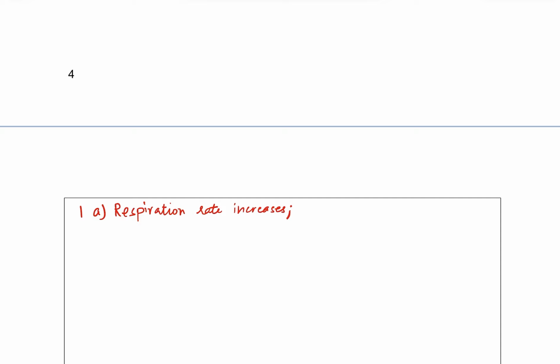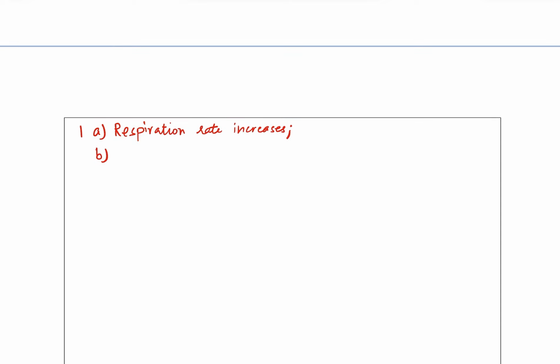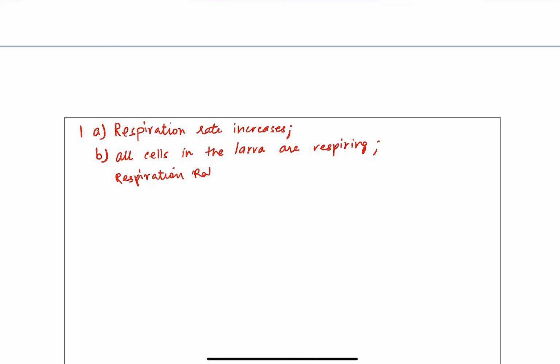Now part B, why it is increasing. So here comes the theory part. Because all cells in the larvae are respiring, the respiration rate increases as the number of respiring cells increases.